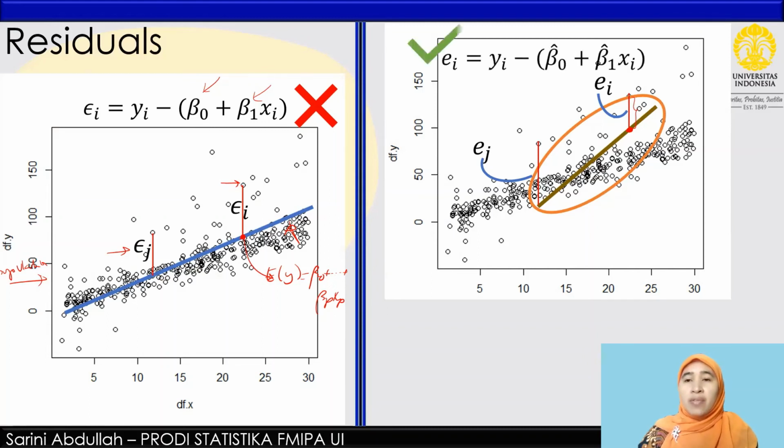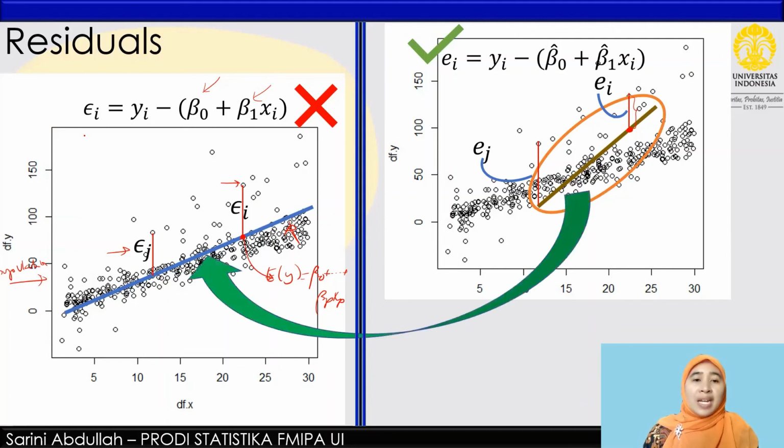For the sample line, usually we do have the sample data, which means we can calculate the residual. So the residual approximates the value of the error. Later, when we do diagnostic checking on the model, instead of working on the errors, we will be working on the residuals.